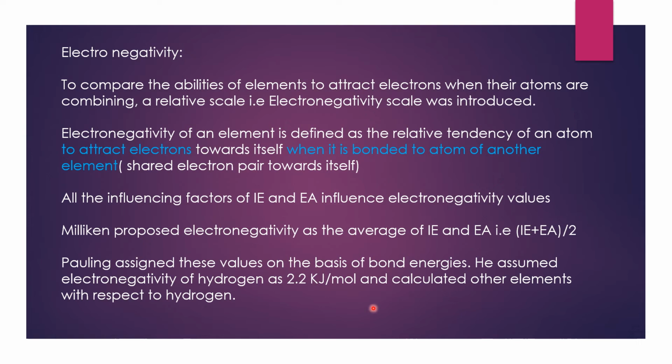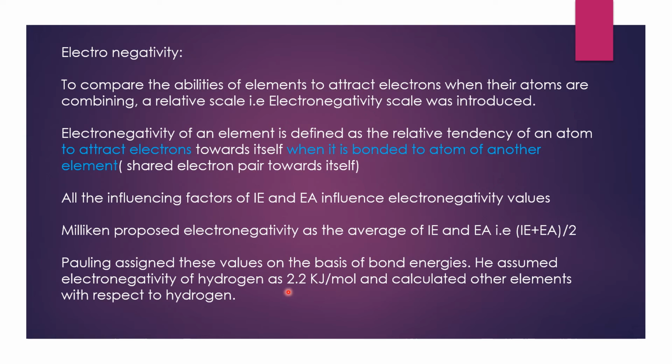He assumed the electronegativity of hydrogen as 2.2 kilojoules per mole, calculated experimentally, and with respect to the hydrogen atom he calculated the electronegativity values of other elements.